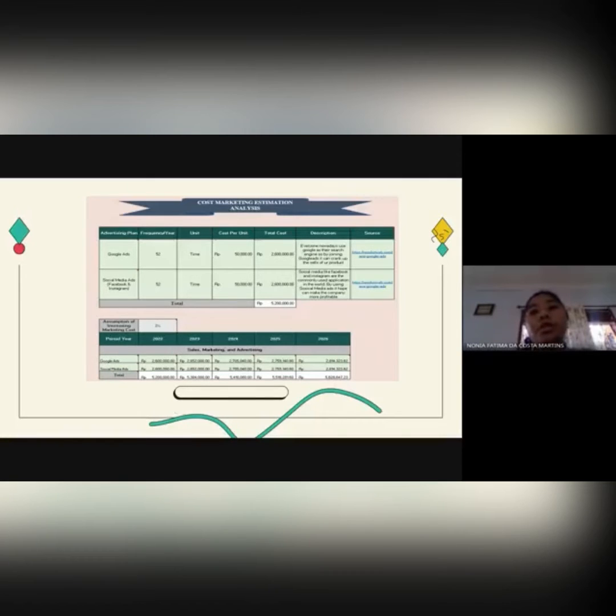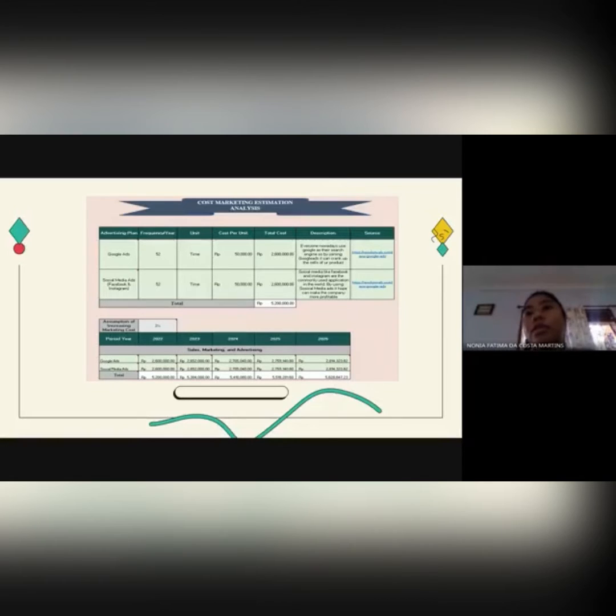Why do we choose social media? Because social media like Facebook and Instagram are commonly used applications in the world. By using social media ads, we hope it can make the company more profitable. The total cost of Google Ads is 2,600,000, and for social media it is also the same.